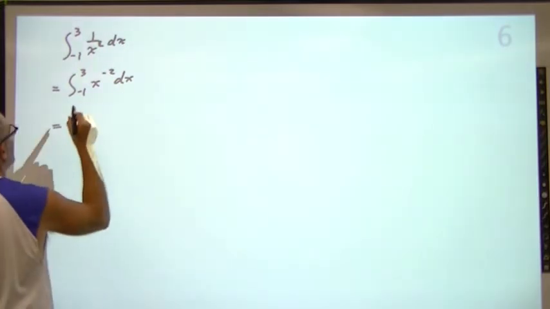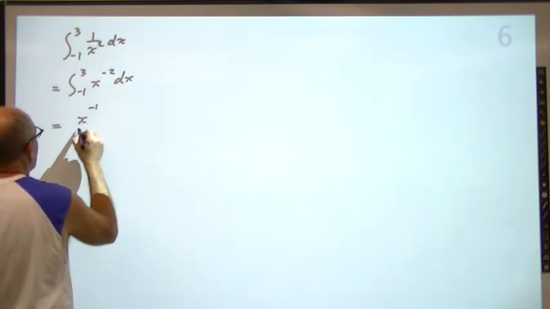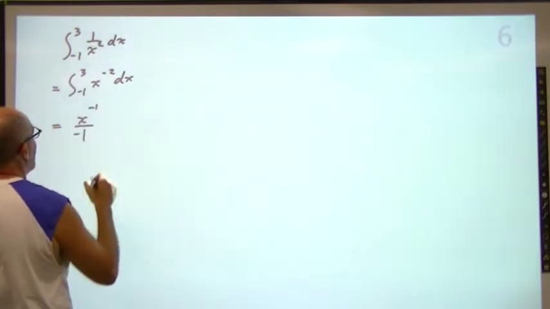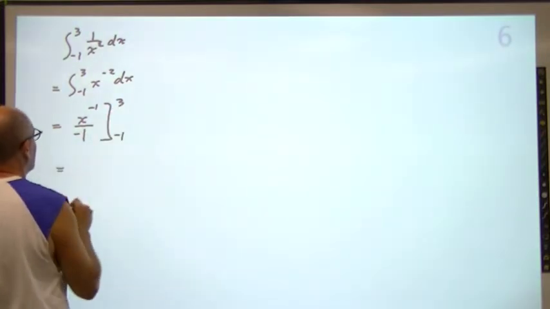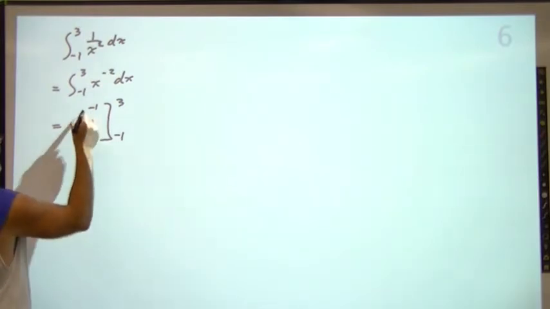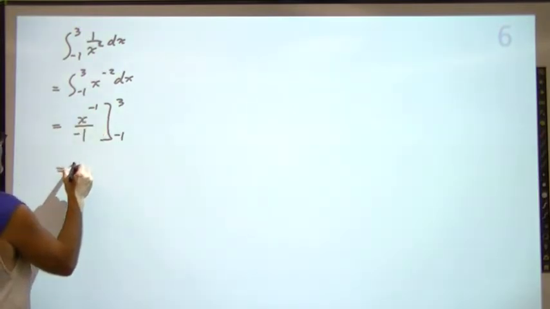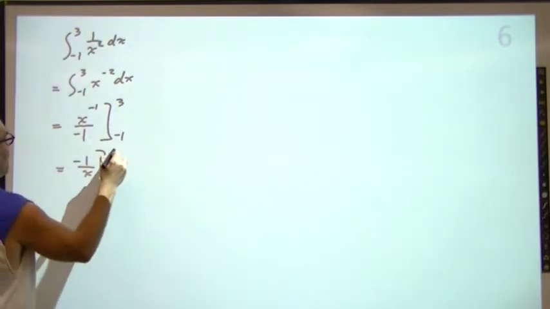So what do I do then? I raise the exponent by 1 and divide by that value. So then I put in a negative 3. Well, let's clean this up a little. x to the negative 1 over negative 1 is really going to be negative 1 over x from negative 1 to 3.